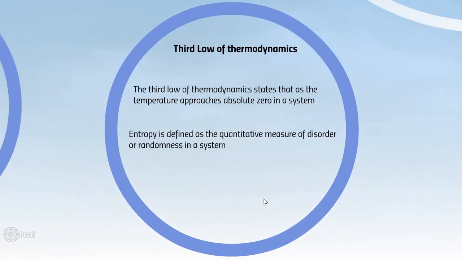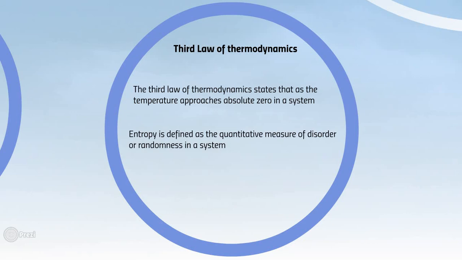The third law is all about the entropy of the system. The third law of thermodynamics states that as the temperature of a system approaches zero, it is said that once the temperature reaches 0 Kelvin, the disorder or entropy, or distance between molecules of the substance, reaches zero.